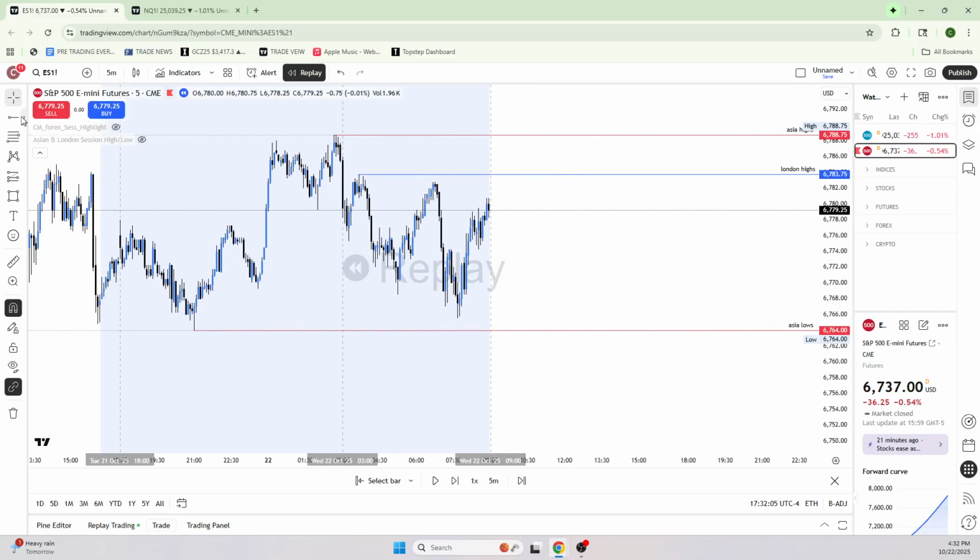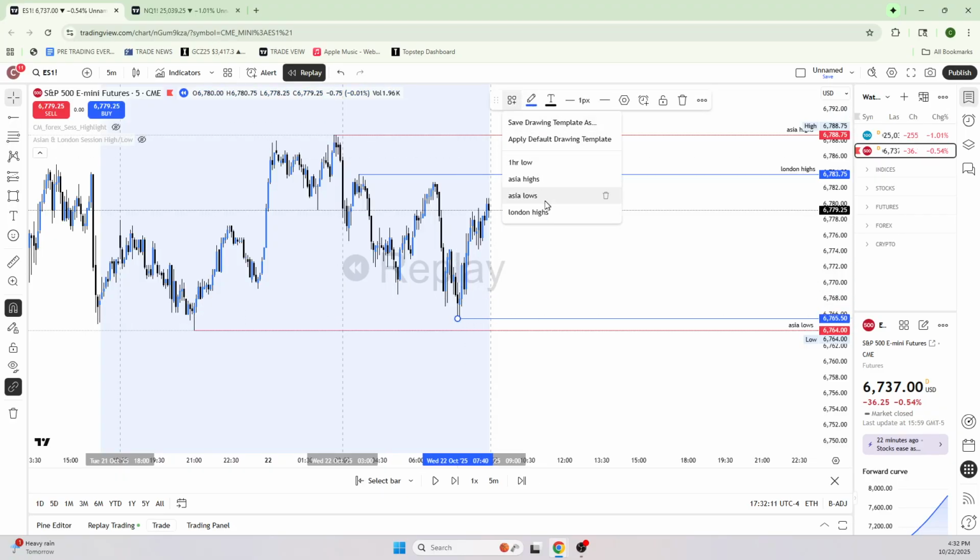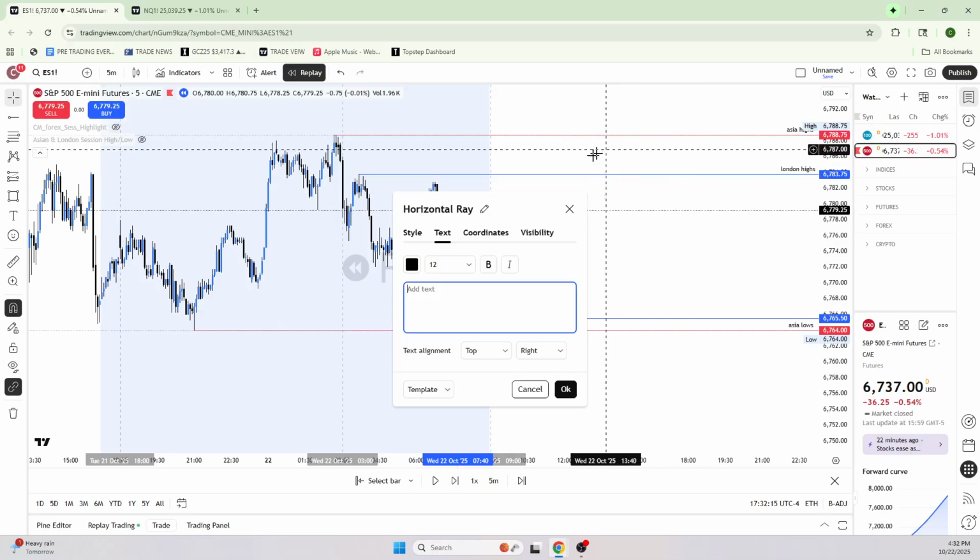London highs. I need to make a London low. That I did. London lows. Okay.